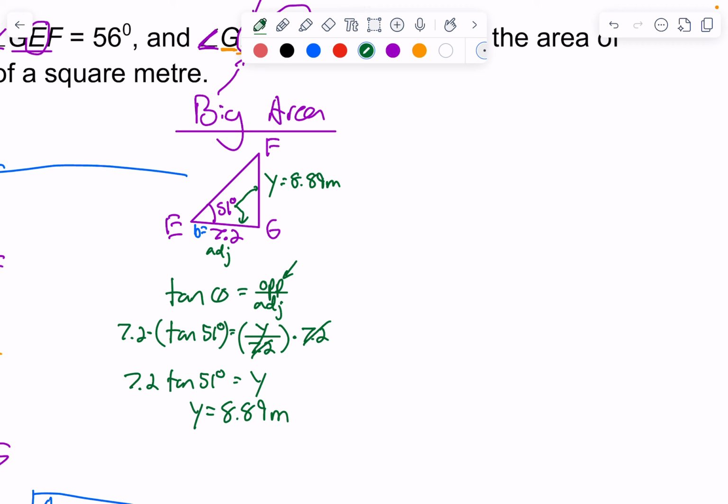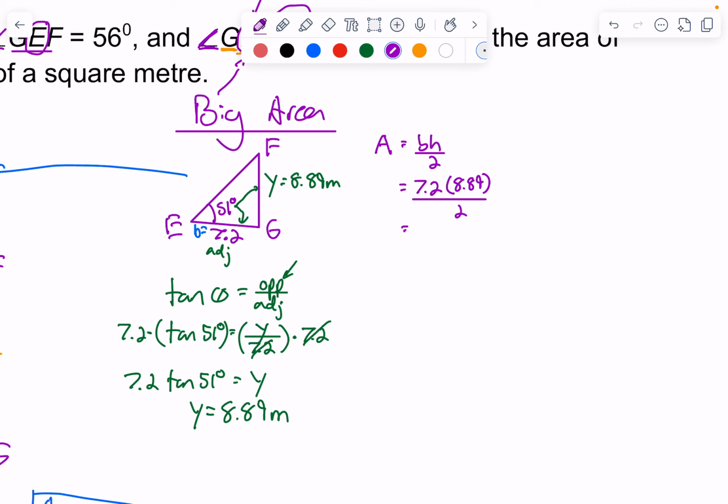So let's find the area. We now have our height. That y was the height of our triangle. So the area of the big triangle is base times height over 2. In this case, we have a base of 7.2 and a height of 8.89, and divide those by 2.